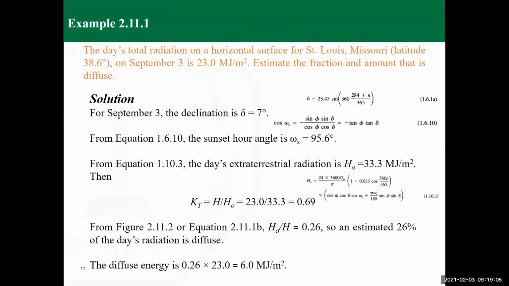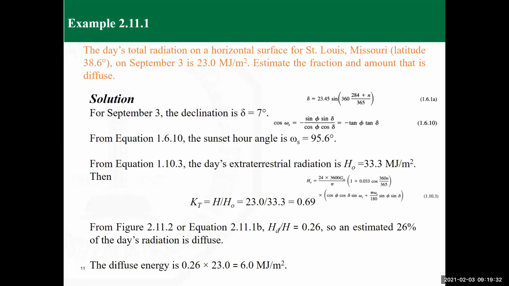We have an example here to look at. This example is about the day's total radiation on a horizontal surface for St. Louis, Missouri in the United States, which has a latitude of 38.6, on September 3. The value is 23 megajoules per square meter. Estimate the fraction of diffuse energy and the amount of diffuse energy as well.